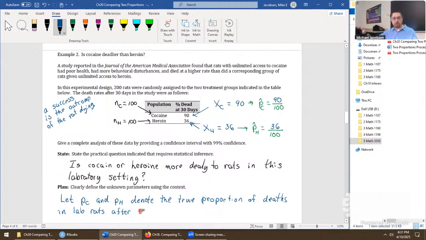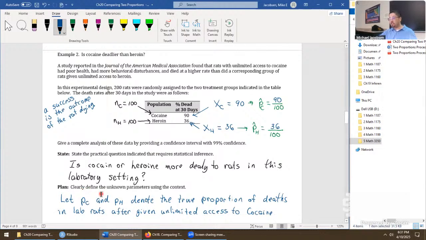If it feels like it's turning into a long paragraph, it's appropriate to try to find ways to shorten it up. So I'll say proportion of deaths in lab rats after given unlimited access to, now we're going to use that respectively structure like we mentioned before. We should mention cocaine first.